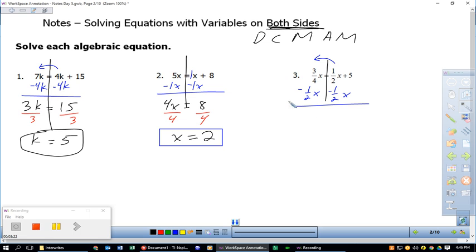So 3/4 minus 2/4, which is 1/4. 1/4 x equals 5. Now you can either divide by 1/4 or, my personal preference, multiply by 4 over 1. Divide by 1/4 or multiply by the reciprocal, in which case you get x equals 20.